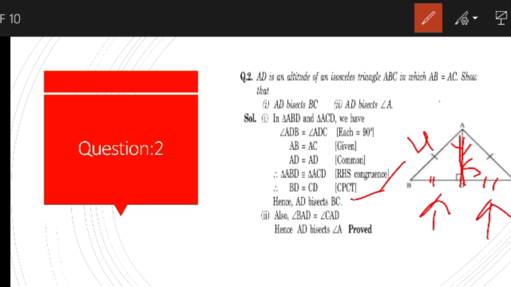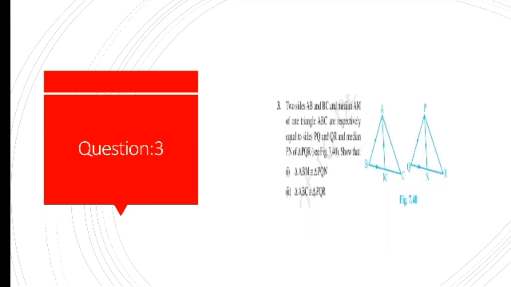So we can also say that AD bisects angle A. So here we prove one congruency, and using CPCT we can say AD bisects BC as well as AD bisects angle A. So let's move on to the next one.